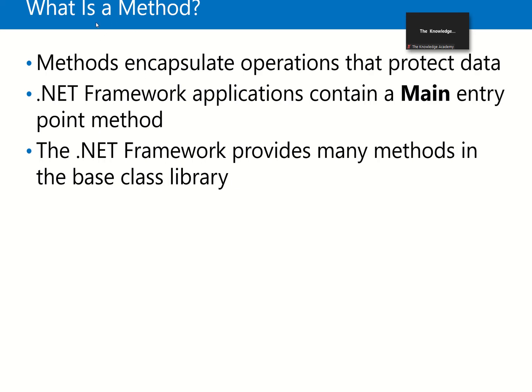So I mentioned before, you can think of a method as a function. It encapsulates operations that protect data. Also, .NET Framework applications contain the main method, which is the main entry point. The .NET Framework provides many methods in the base class library.